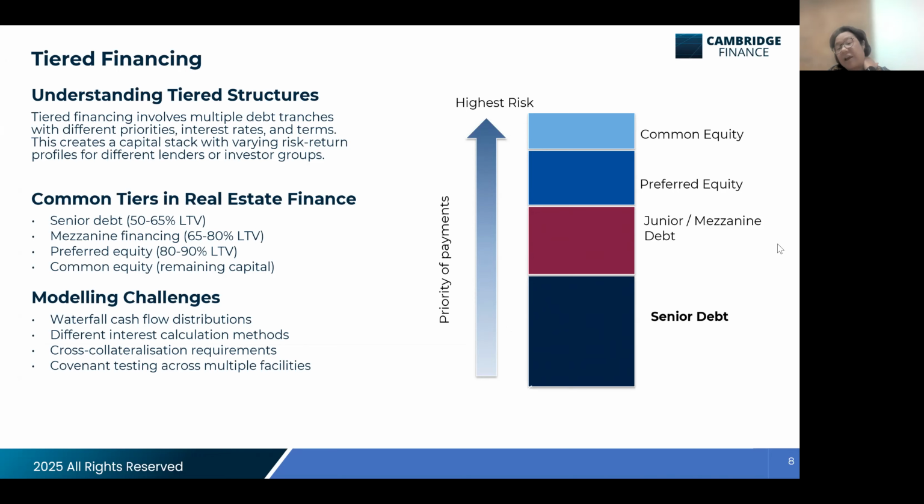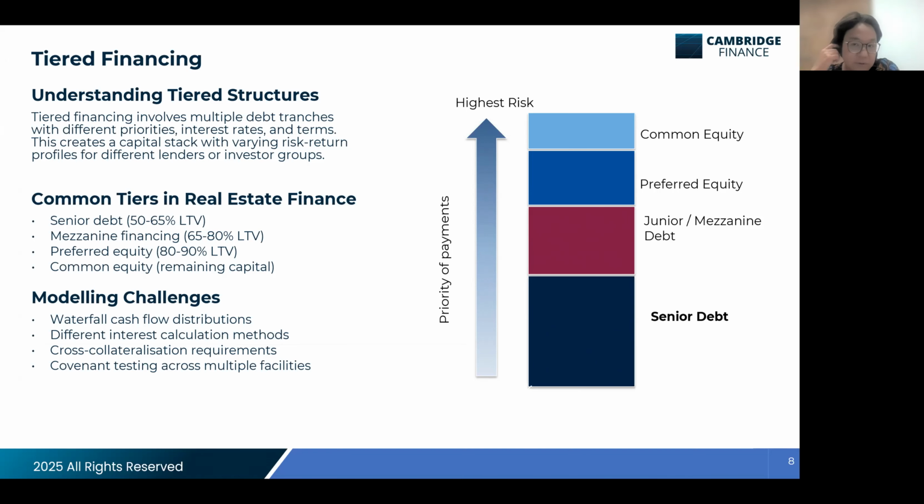first. And then you have the second charge, which we tend to call these days mezzanine debt or junior debt, right? It's the second tier. So if you borrow 100 and 50 is senior, and you sell it for 200, then your senior debt is, for example, 50, and your mezzanine debt is say 30.